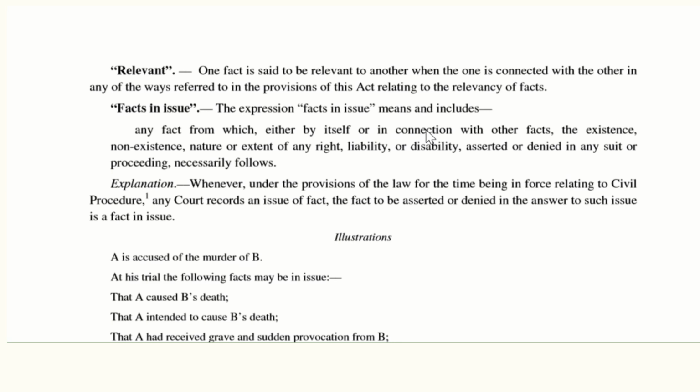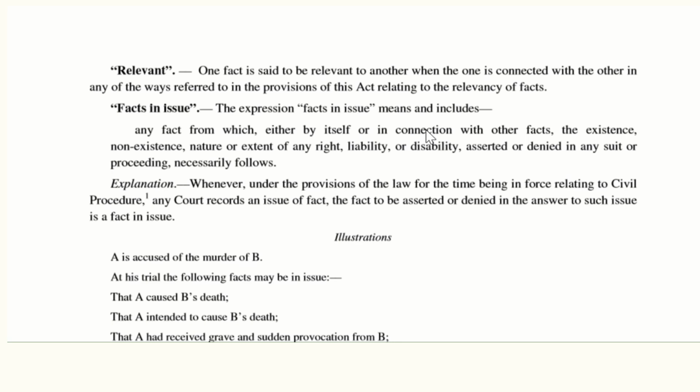Now, let us try to understand what is this fact in issue. To put it very simply, let us take an example. Imagine a person has given a loan to someone else. The person has got a right to ask the other person to repay the loan. That is his right. The person who has taken the loan has got a liability to repay the loan.